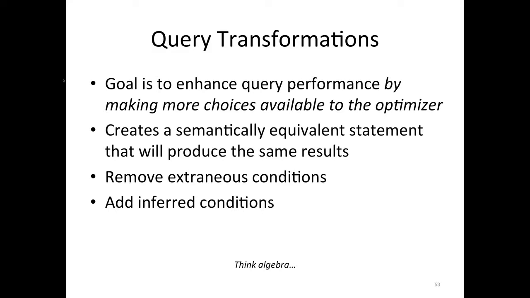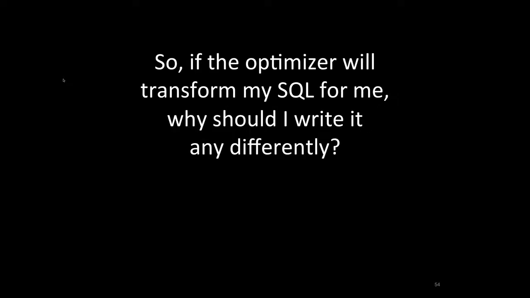It can add inferred conditions, all of that. What you want to do here is think algebra, okay? So back in high school or middle school when you learned some of the basics of algebra and transitivity and things like that, all of that starts coming into play with how the optimizer does query transformation.